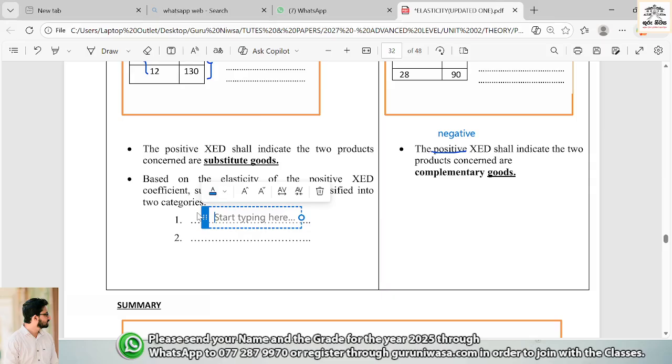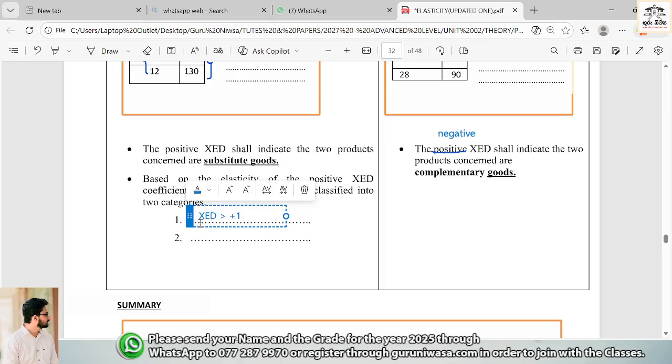Again, we can say if the XED value is more than +1, like 1.5, 1.25, 2.5, more than 1.